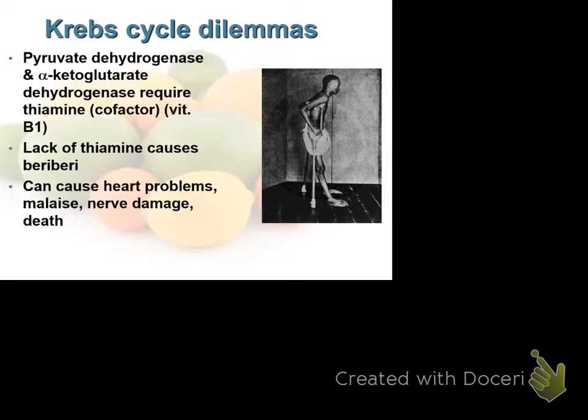And so because of that, they don't have an adequate amount of PDH or alpha-ketoglutarate dehydrogenase. So therefore, their citric acid cycle, their Krebs cycle, is deficient. There are still ways to make NADH, but it's just not to the level that's necessary for life in the long term.